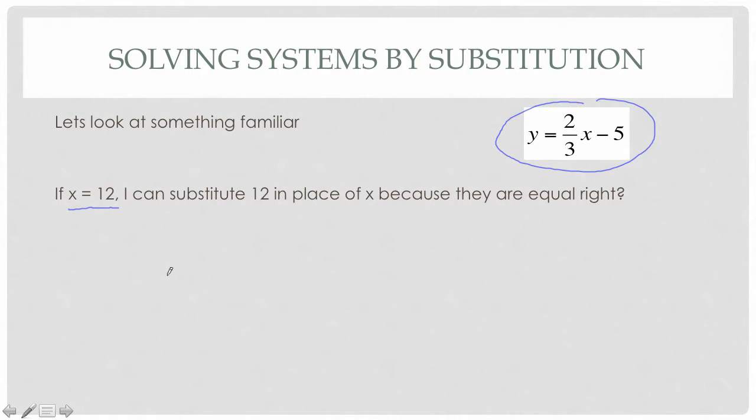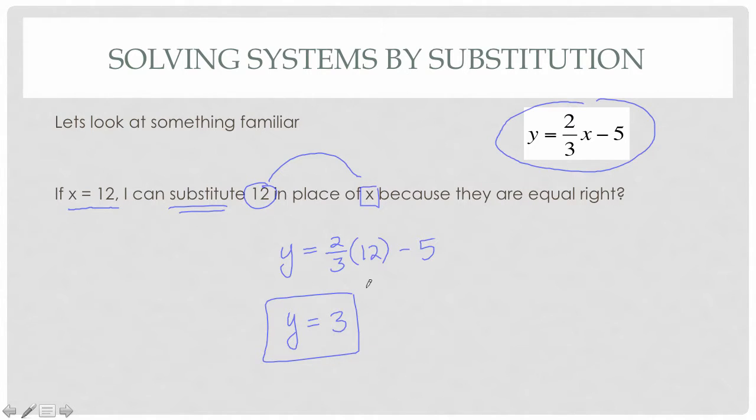You would substitute 12 in place of x, because they're equal, so y is equal to 2/3 times 12 minus 5. 2/3 times 12 is 8, and 8 minus 5 is 3. Piece of cake, right?